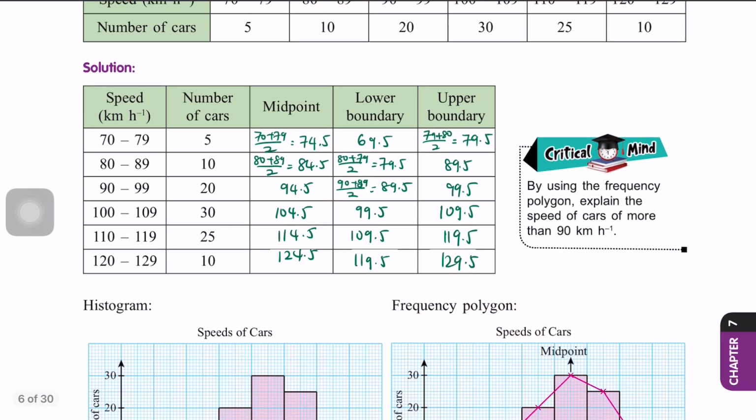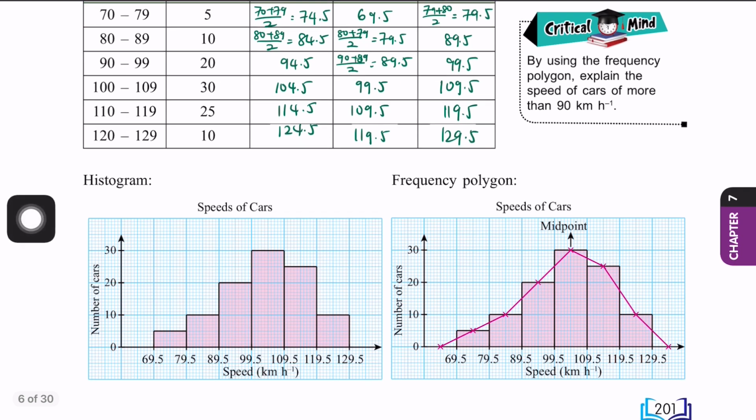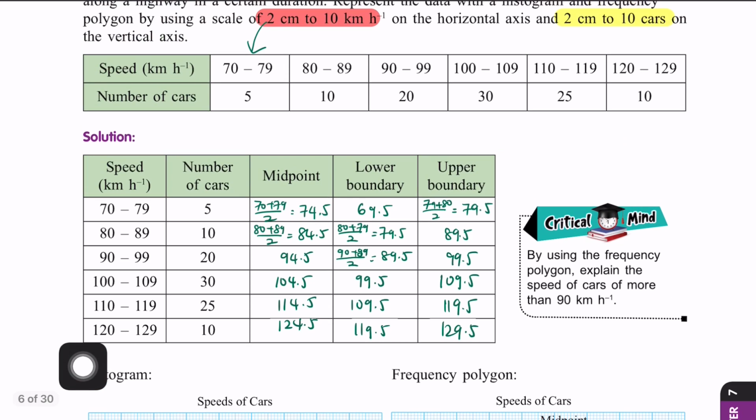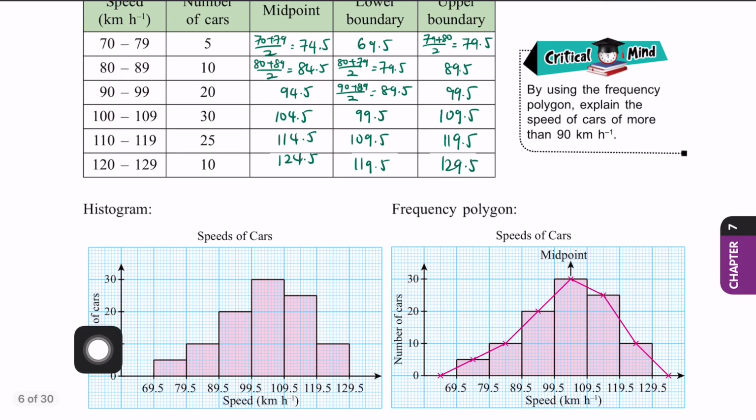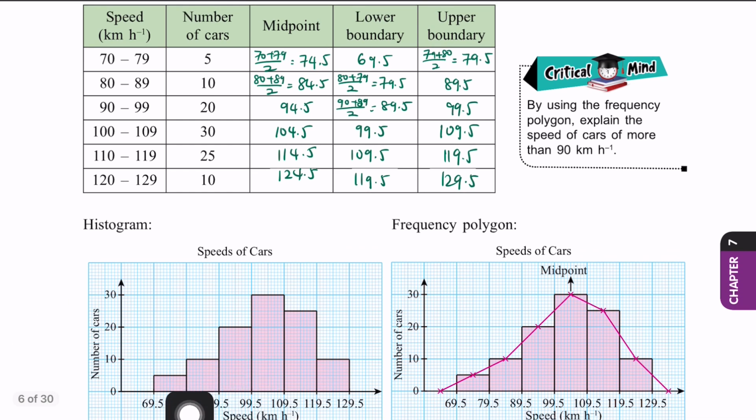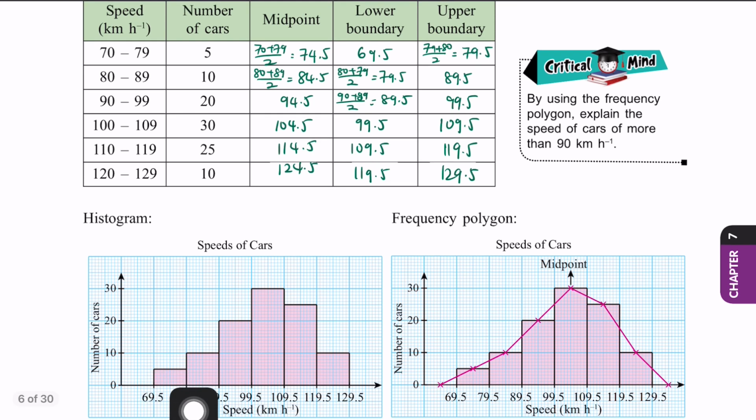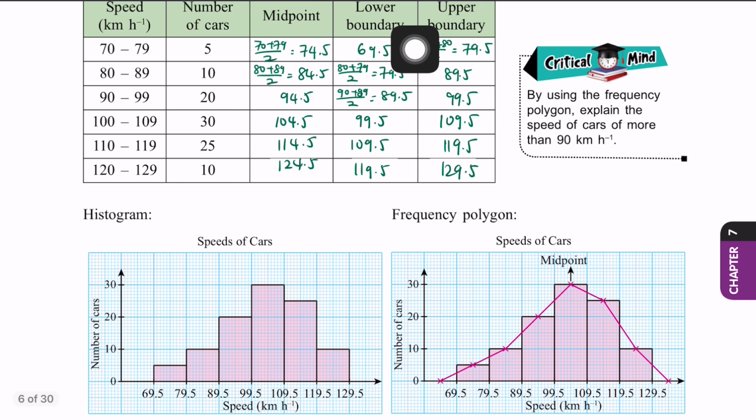Okay, so sekarang kita tengok di sini. Di sini 2 cm to 10 cars kan. Okay, so betul lah 10, 20, 30. Lepas tu di sini, kita mulakan dengan 69.5 lower boundaries dia ni. Awak lukis je, follow yang ni 69.5 start kan. Start habis tulis sampai 119.5. Tengok sini, 69.5.